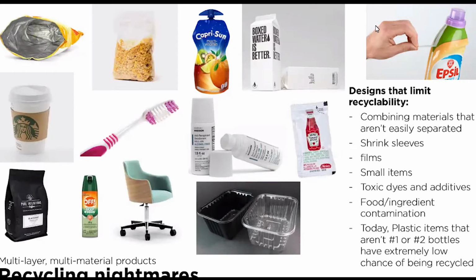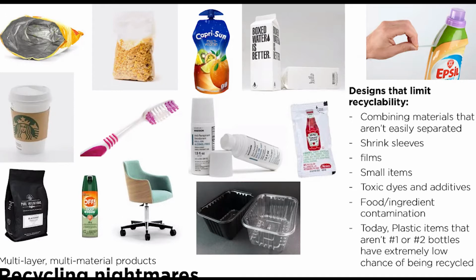So a few of the designs that are essentially recycling nightmares that we see commonly on our grocery store shelves are what you can see here. And these aren't all of them, of course, these are just a few. But one of the biggest challenges is when two different materials are combined together. And this doesn't mean just plastics and metal are combined, but different types of plastics.